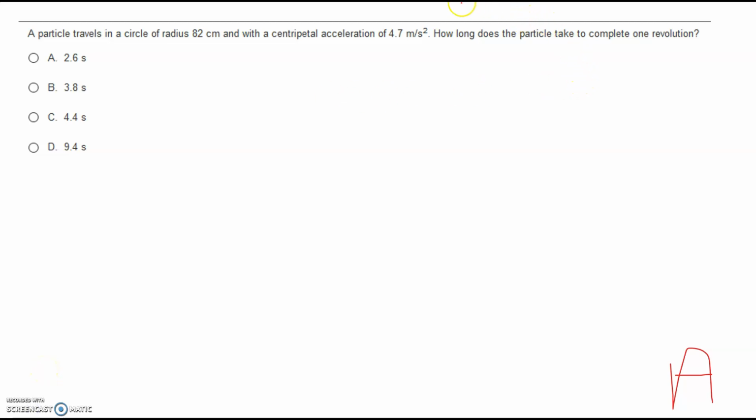Okay, a particle travels in a circle of radius 82 centimeters with a centripetal acceleration of 4.7 meters per second squared. How long does it take the particle to do one revolution? So what I did was I said, okay, I have a is equal to v squared over r. I know that my r is going to have to be in meters. So 4.7 is a.